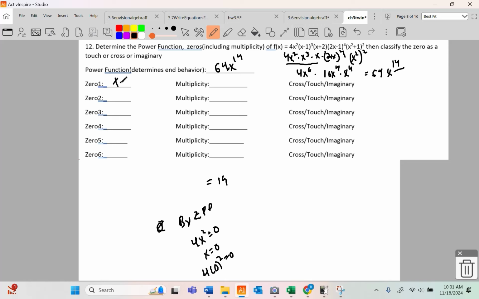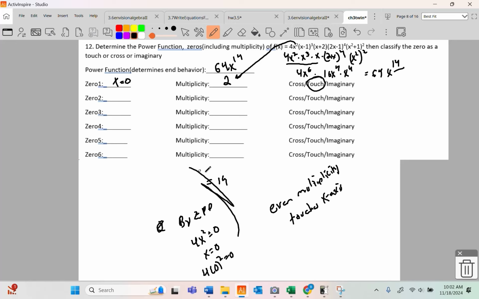So one of my zeros is x equals 0. The exponent was 2, so that's my multiplicity. Just take that exponent, there's your multiplicity. And now your notes about even multiplicity: even multiplicity touches the x-axis. And by God, 2 is even. That's a touch.